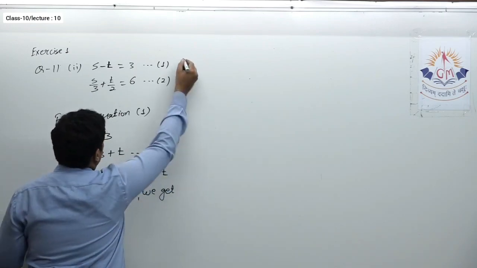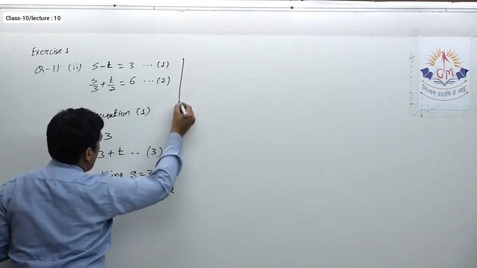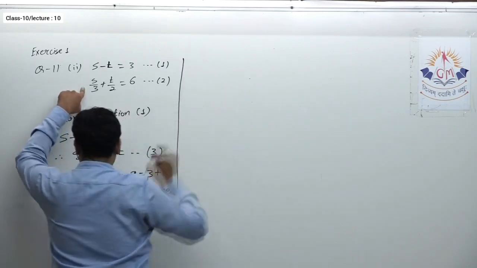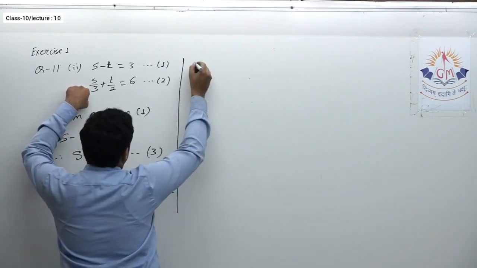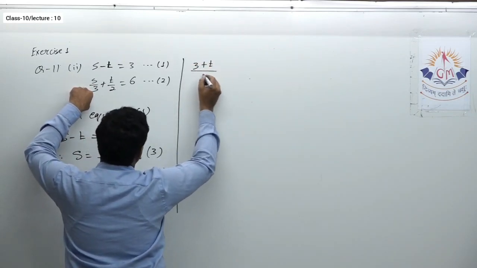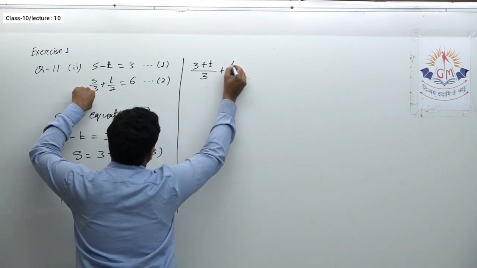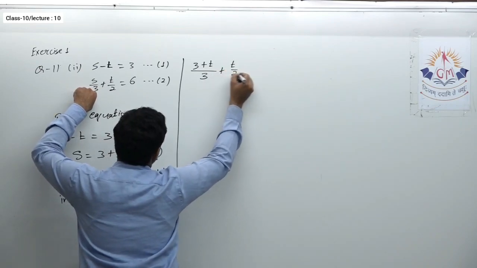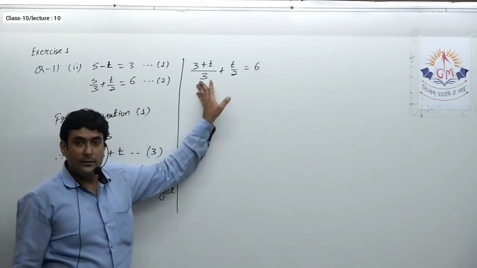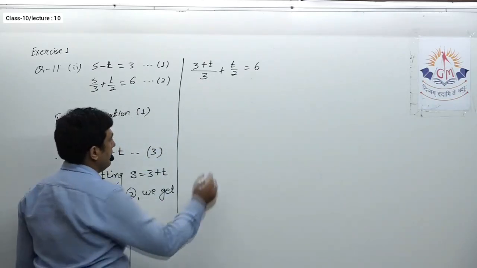Let us see what we will get. In place of s I have to put 3 plus t. So 3 plus t upon 3 plus t upon 2 is equal to 6. Now we can say this is a linear equation in one variable. It is easy to solve.